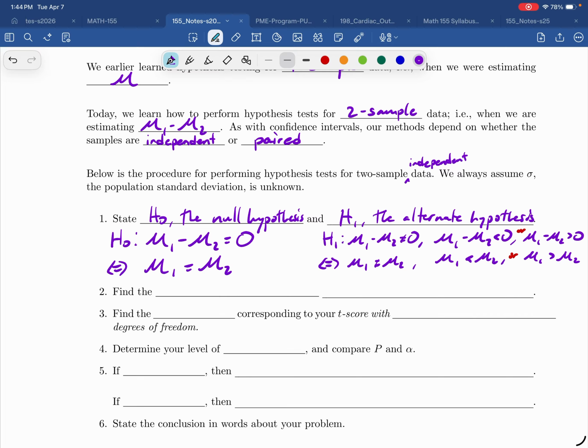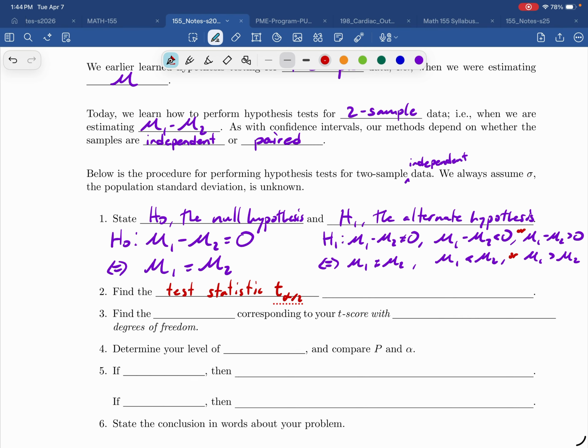All right. Next up, we are going to find the test statistic T, and again, they typically call it T alpha over 2.